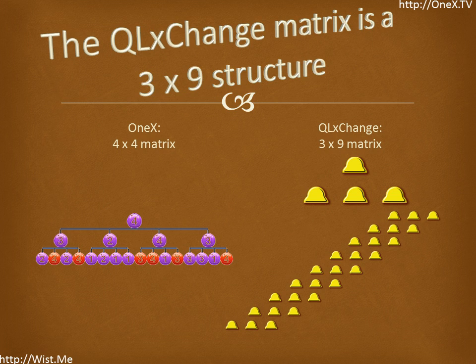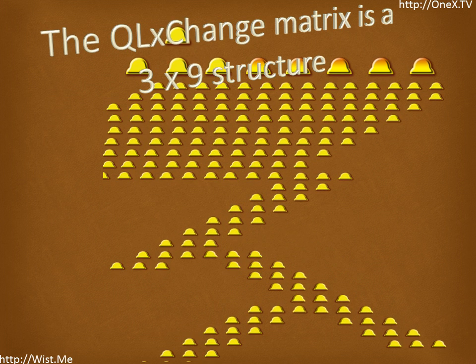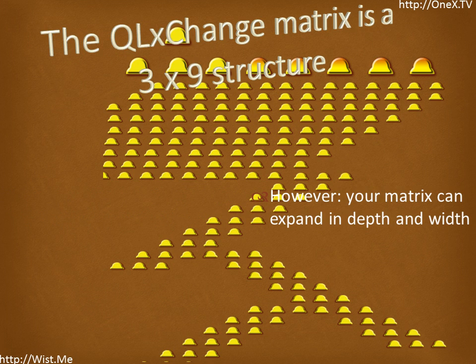We'll get back to this in a minute. Oh no, let me explain it immediately. Your 3 by 9 structure in QLxChange is not fixed, which means that you start with a 3 by 9 structure, but this 3 by 9 can expand.